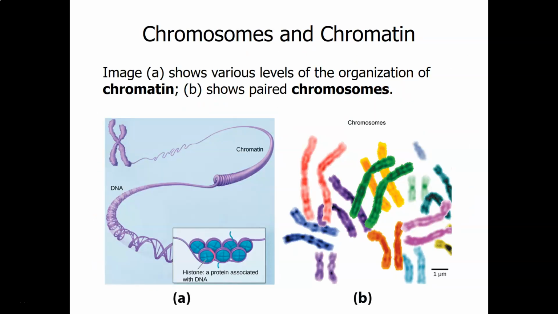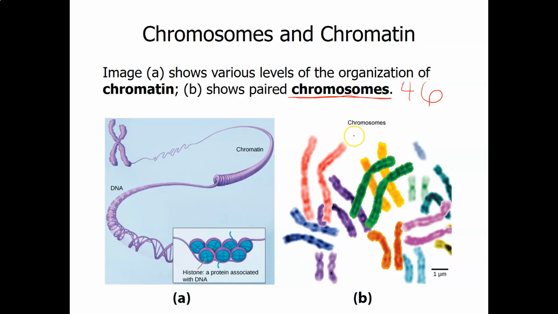Now, I know you've heard of the term chromosomes before. You may even know that humans have 46 chromosomes, or 23 pairs, one from your mom and one from your dad. Half of your chromosomes coming from each parent. Chromosomes only appear when the cell is in the stages of cell division.